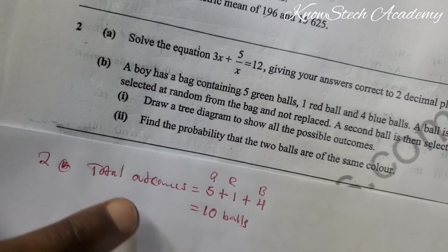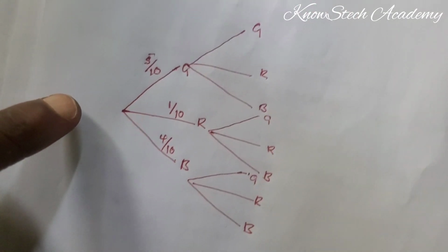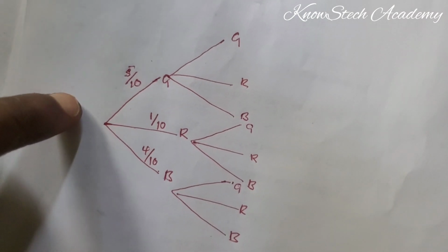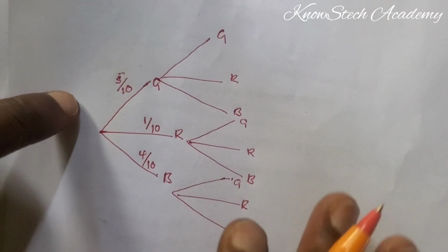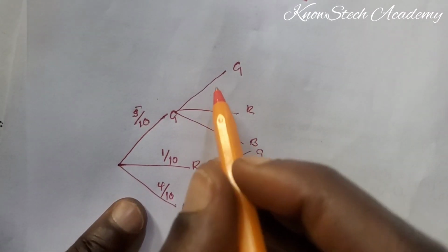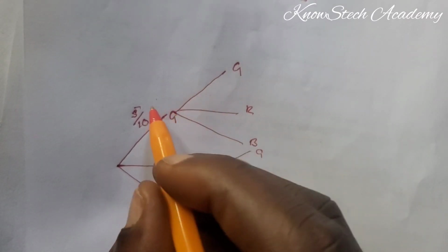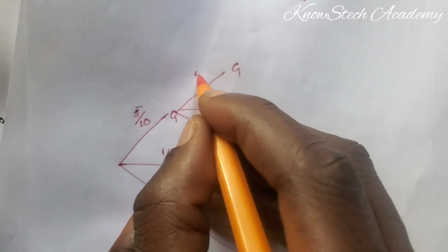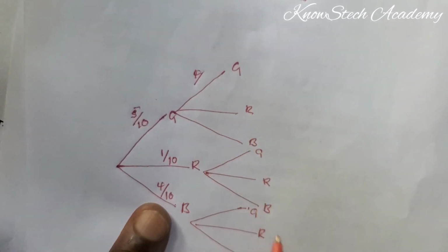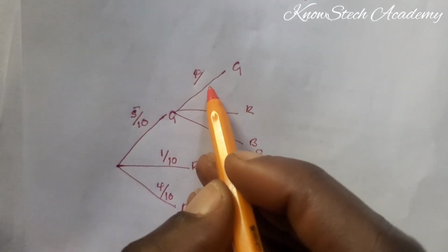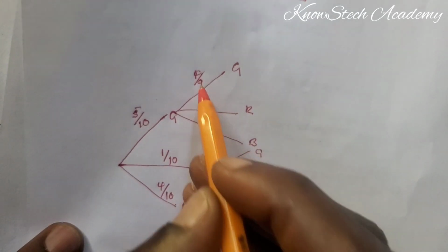Okay, so we're going to assume that the ball that wasn't replaced was green. How many green balls do we remain with? So we subtract 1. 5 minus 1, so we're going to have 4. The total number will be affected by that one ball, so the total number will be what? 9.